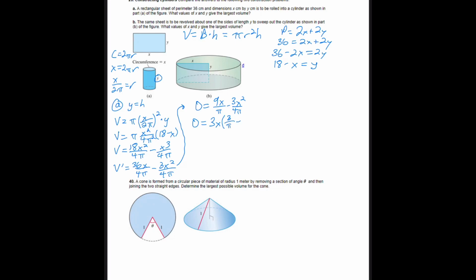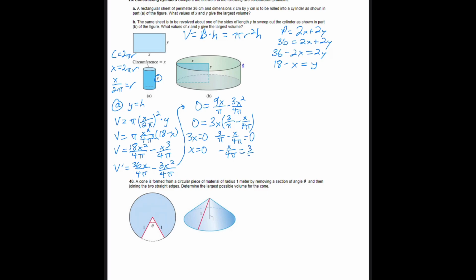So this is 0 equals 3x times 3 over pi minus x over 4 pi. Set those both equal to 0, and we get 3x equals 0, and 3 over pi minus x over 4 pi equals 0.